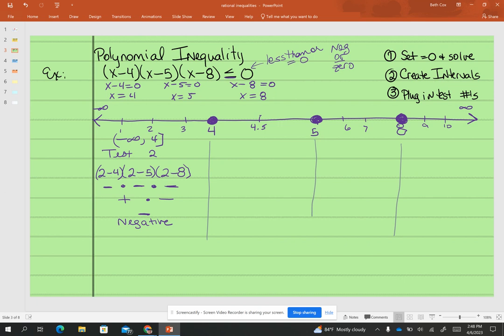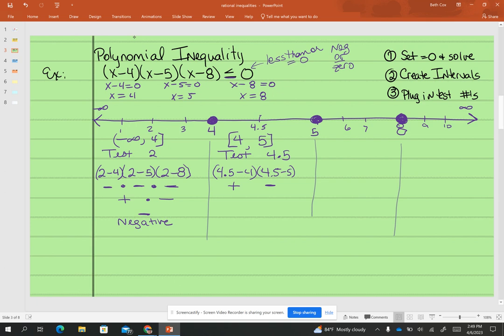All right, next, we're going to test 4.5. This is the interval from 4 to 5. And this is exactly why we don't need to know what it is, because we definitely do not want to deal with all these decimals. But 4.5 minus 4, that's a positive. 4.5 minus 5, that's a negative.